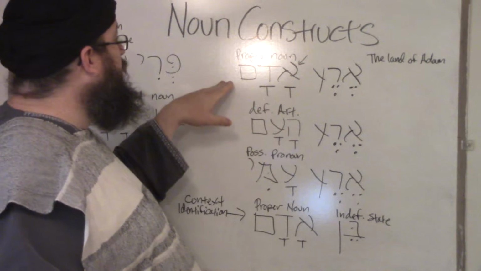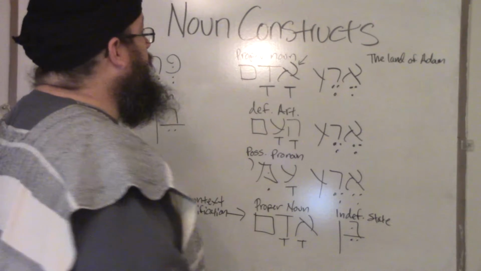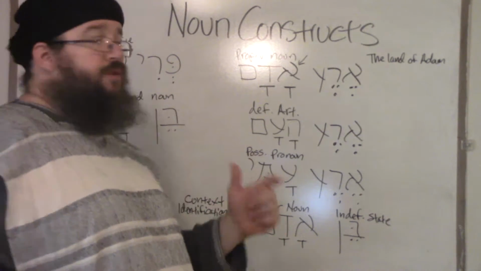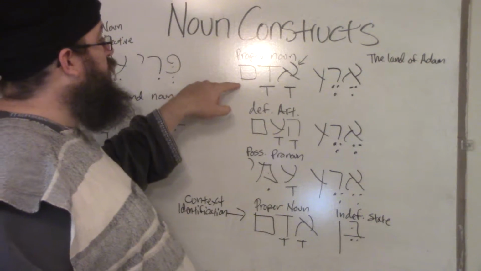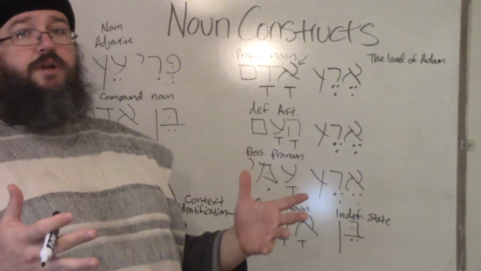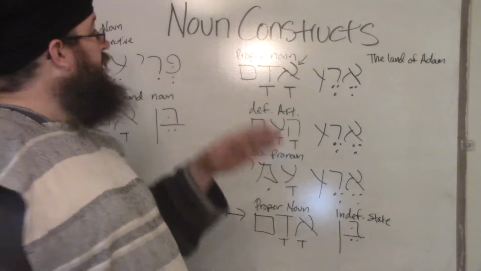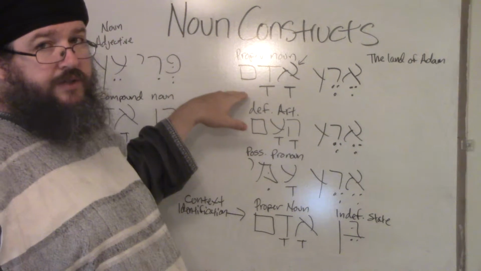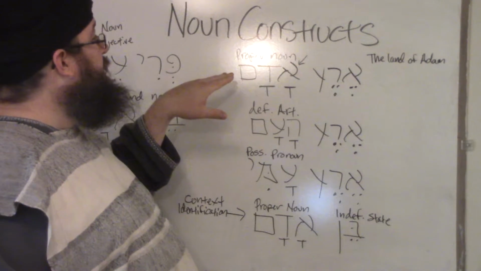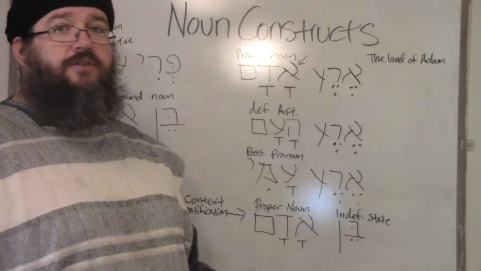Why? Because the word Adam is a proper noun and a proper noun is definite. And so the rule is, if the last word in the noun construct is definite, and noun constructs can be more than just two words, it can have 3 words, it can have 4 words, then we're going to make the whole noun construct definite.